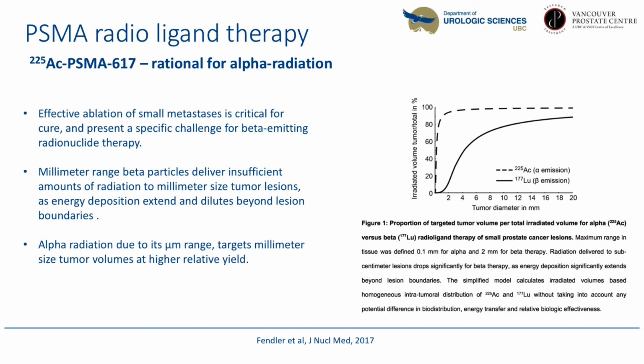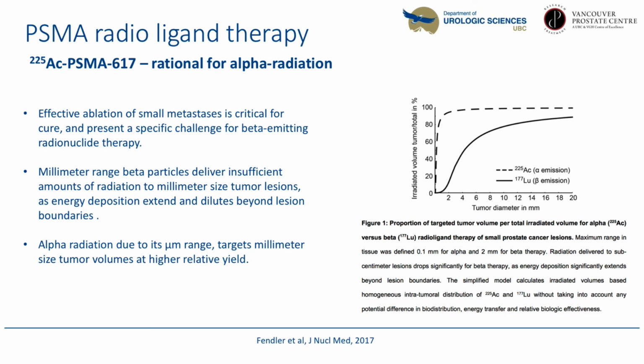Beta radiation has a millimeter range, and that basically delivers insufficient amounts of radiation to millimeter-sized tumors, because most of the energy is then beyond the boundaries of the tumor. Opposed to that, alpha radiation does have a micrometer range, and with that it can target millimeter-sized tumors.